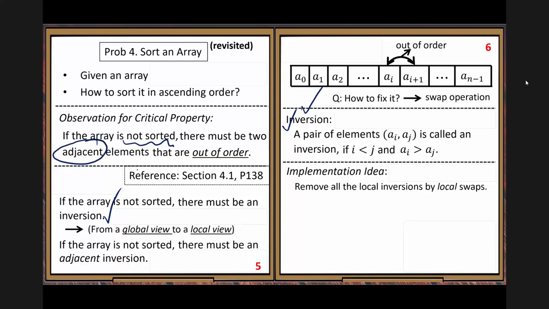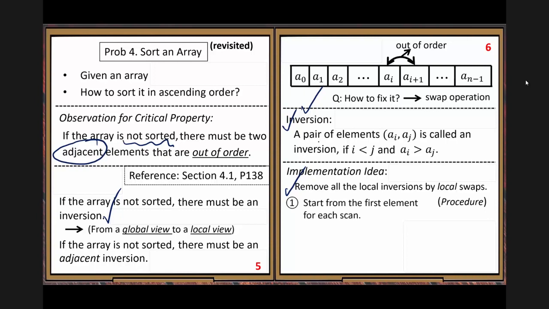Otherwise, if there is no adjacent inversion, then the whole array is sorted. So now let's work on this first sentence. This is the general idea, but we need to complete the details.